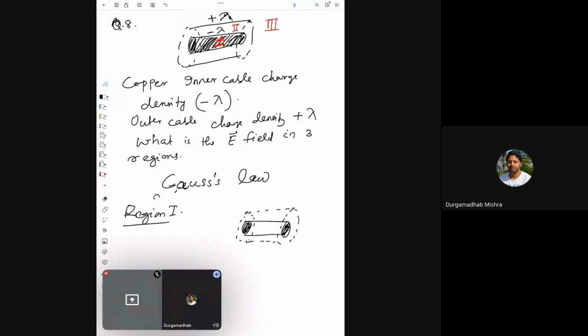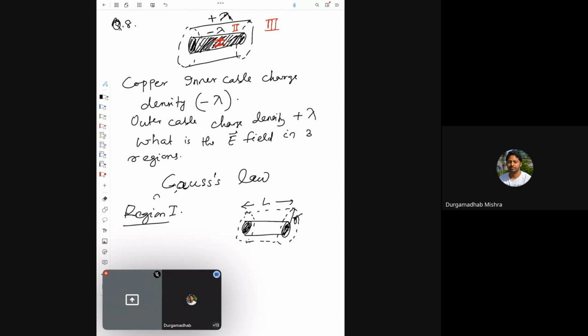Okay. So the Gaussian surface that you draw is arbitrary. It is up to your choice. Because of the cylindrical symmetry, we are drawing the Gaussian surface as a cylinder, which has a small radius r and exactly the length of the cable. Okay, so this is the length. So we'll take exactly the length of the cable as the Gaussian surface.